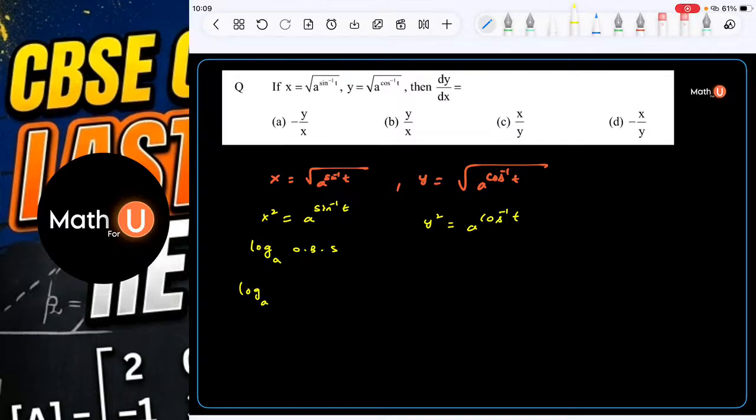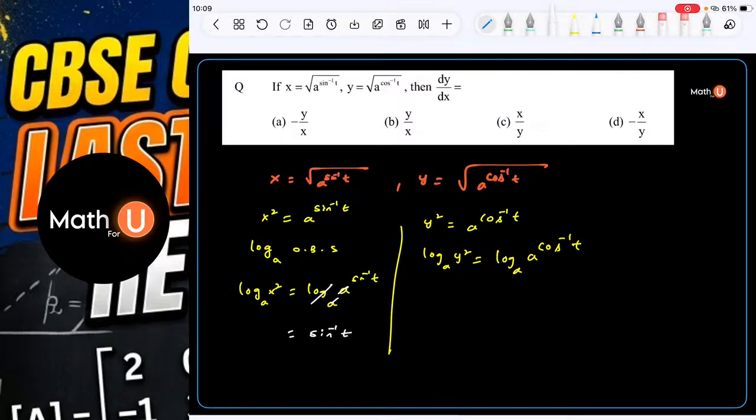I will get log base a x square is equal to sin inverse t, and log base a y square is equal to cos inverse t, since if the base and argument are the same, they cancel. Using the logarithmic property, log of m raised to power n is equal to n into log m, it can be written as 2 log base a x, and here also 2 log base a y, that is equal to cos inverse t.